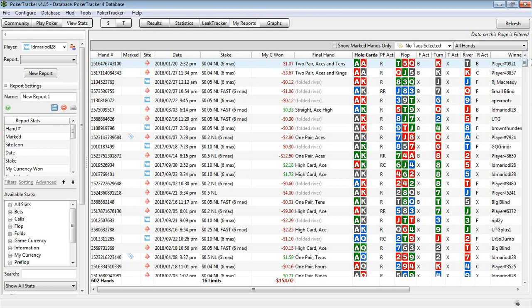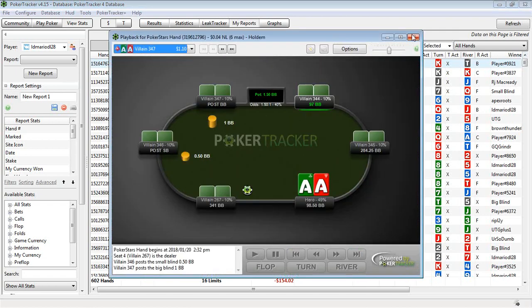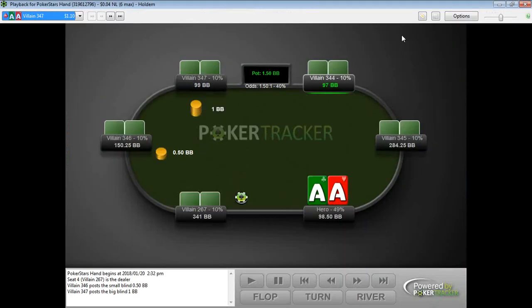For whatever reason, I don't know why, Poker Snowie skips a lot of my hands. So that's why I think I will not be investing in Poker Snowie again once my subscription runs out. I'll look into maybe some other programs that are similar to Poker Snowie.